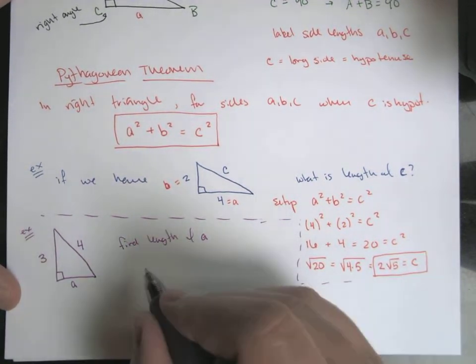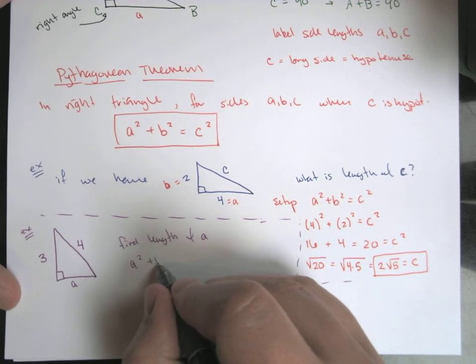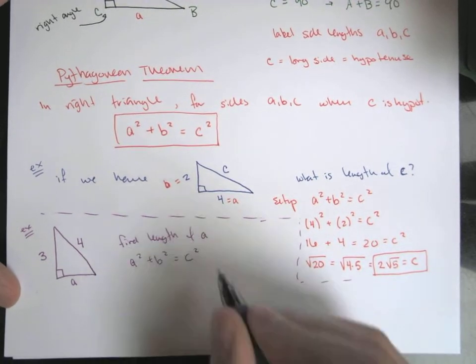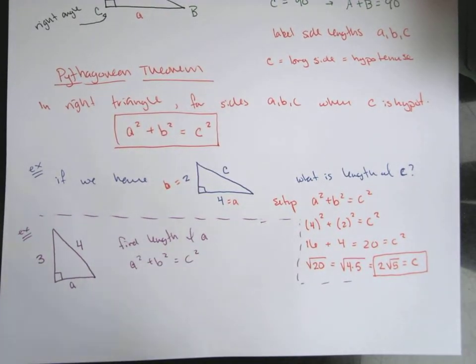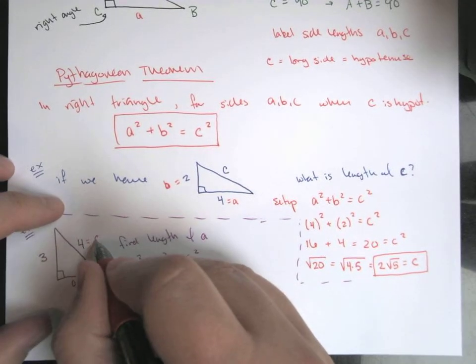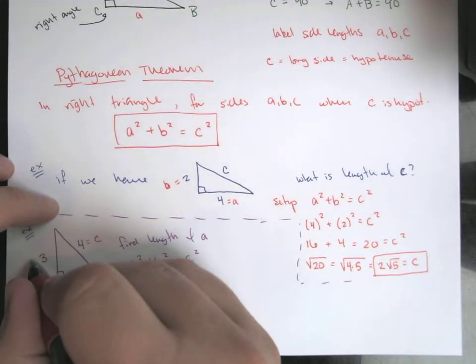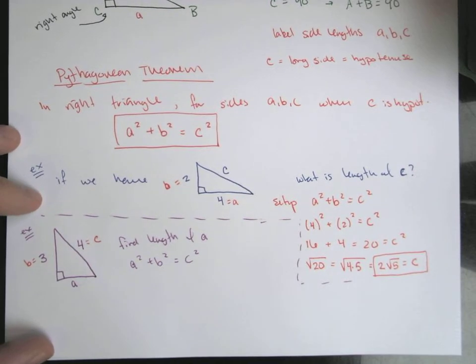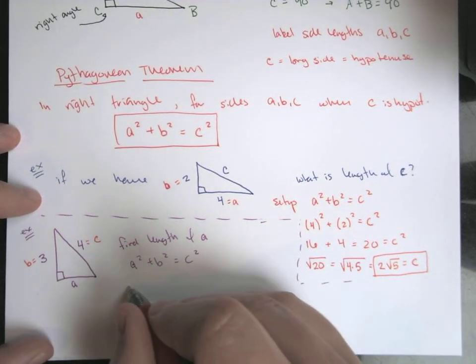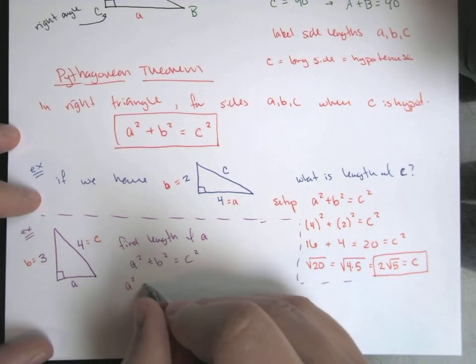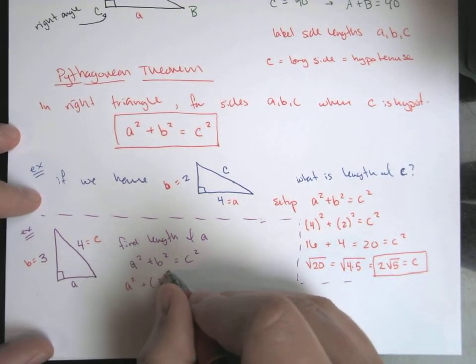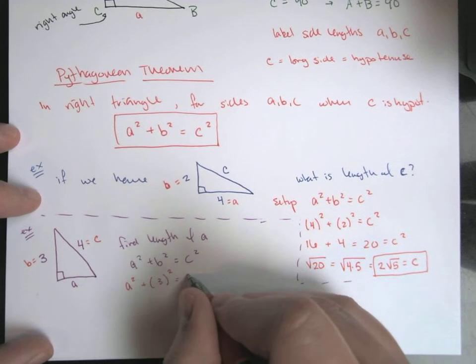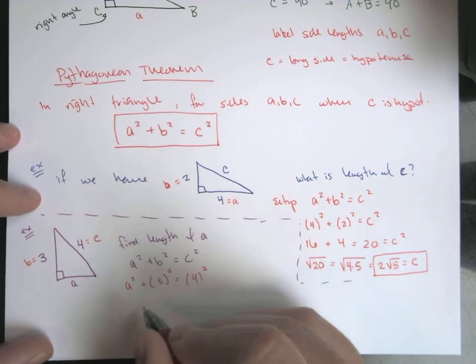Same idea: A squared plus B squared is C squared. And then the orientation here: my 4 is my value for C. My 3, the other short side here, is going to be B. So A squared plus B squared. A squared is A squared. B is 3, so that's B squared. This C is going to be 4.